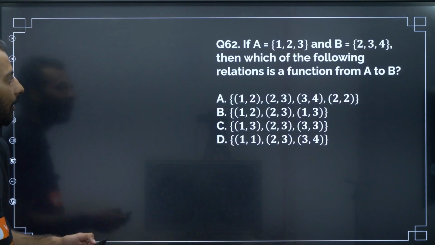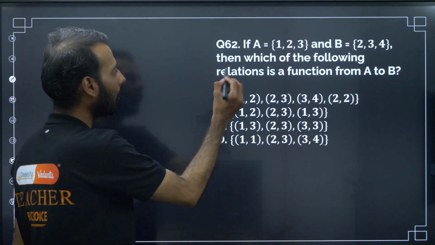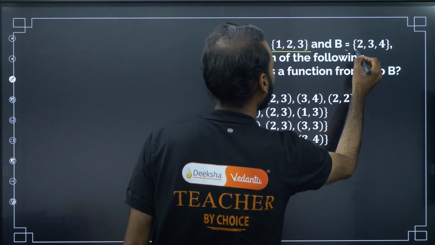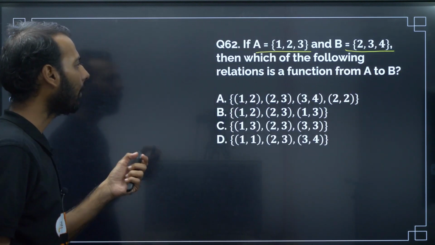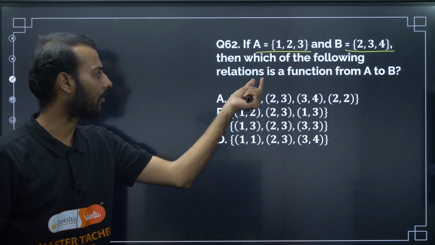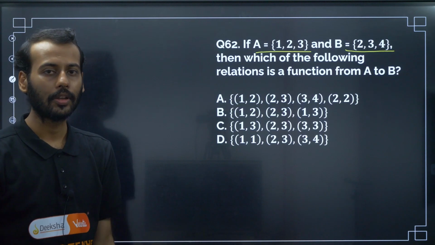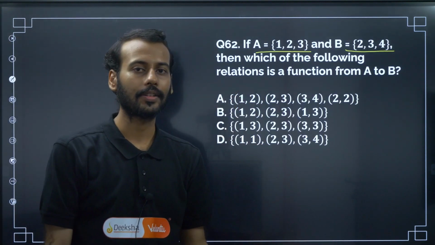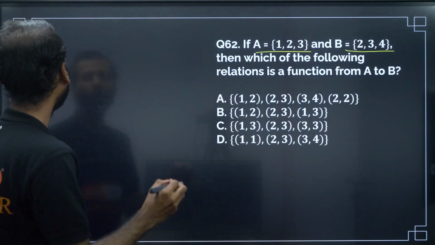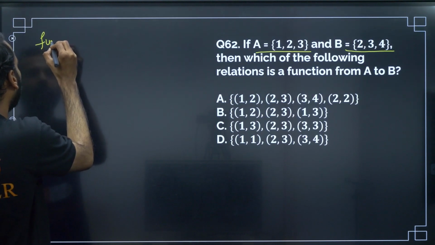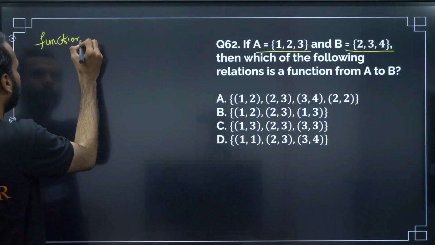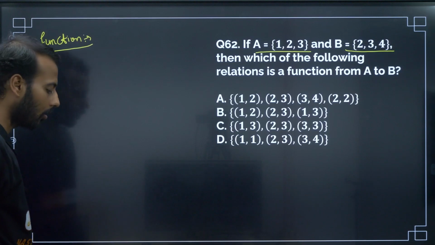Going to the next question. If A is equal to {1, 2, 3}, on one side they have given, and B is equal to {2, 3, 4}, then which of the following relations is a function from A to B? So when can a relation be considered as a function, try to recall. What is the definition of function?